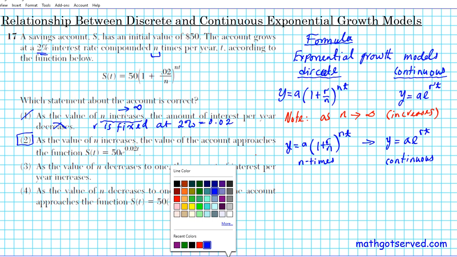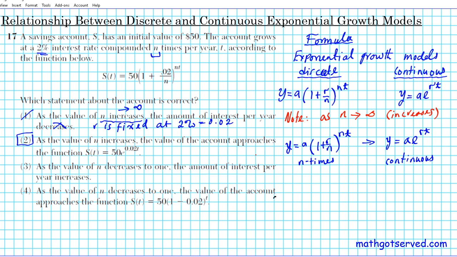The first one, S of t equals 50 times 1 plus 0.02 over n, raised to the nt. This formula tells us that the starting amount A is 50, the rate is 0.02 in decimal form.